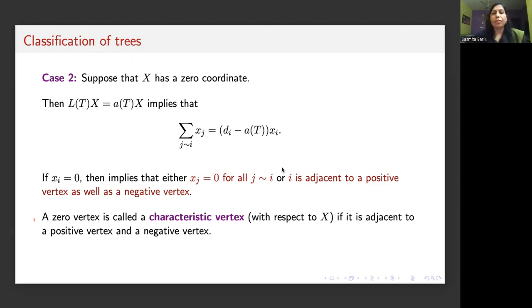Here we don't know whether it is exactly one or more. For the earlier case, the characteristic edge is exactly one, coming from the discussion. But here we don't know whether such a vertex, which is 0 and adjacent to a positive and a negative, is unique or not. If such a vertex is there, it's known as a characteristic vertex.